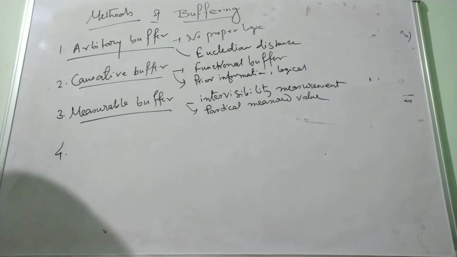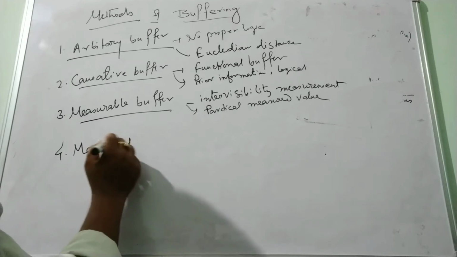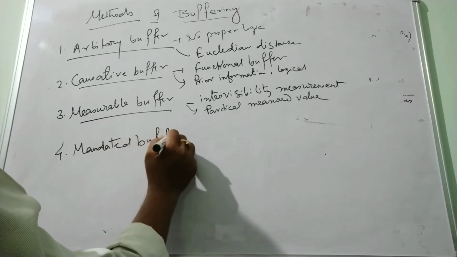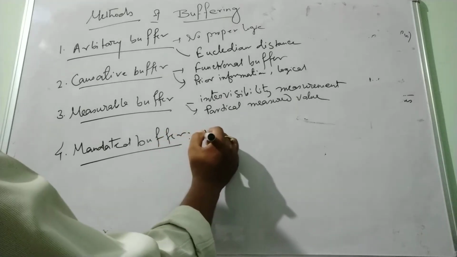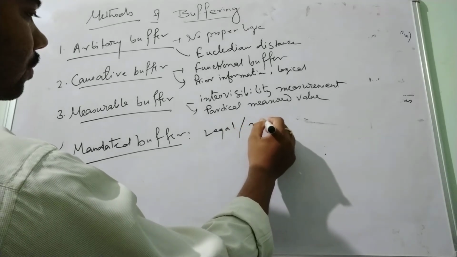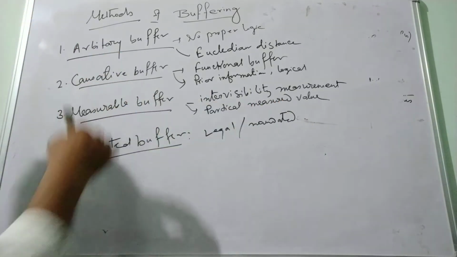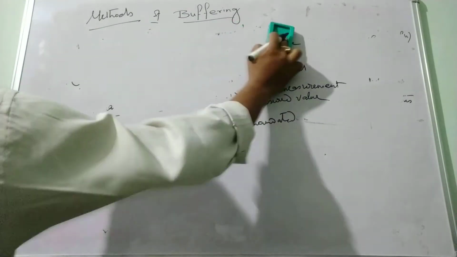Next is the mandated buffer. A mandated measure exists and must be adhered to, it is mandatory. There is the legal or mandated requirement. So these are the four methods that are used to create a buffer in a GIS database.